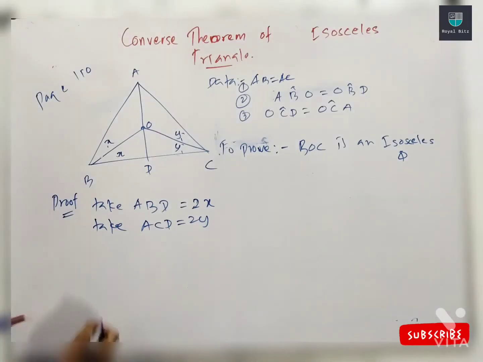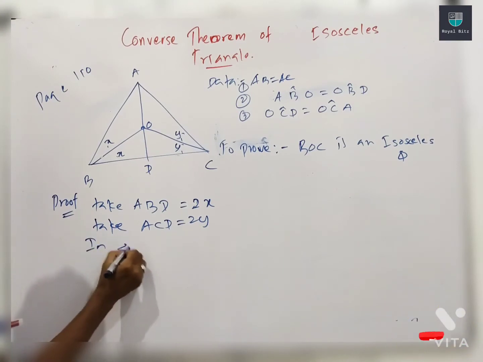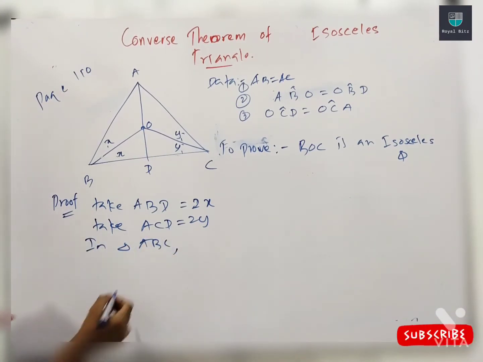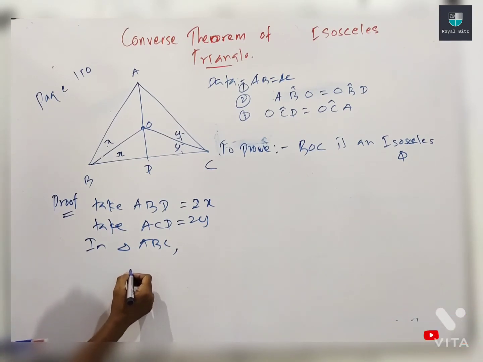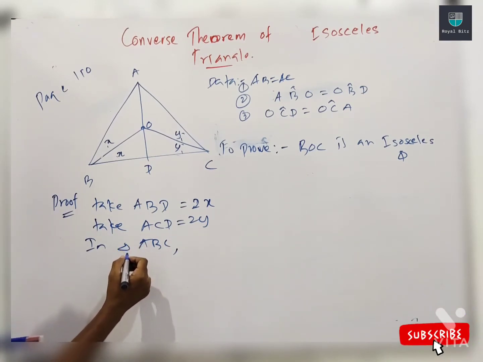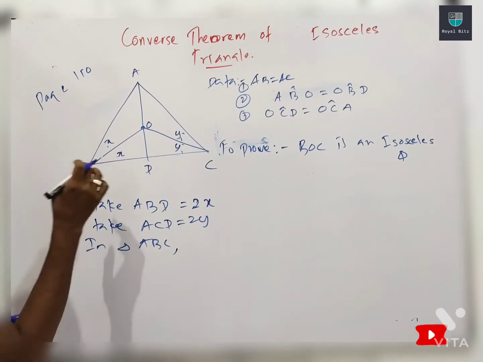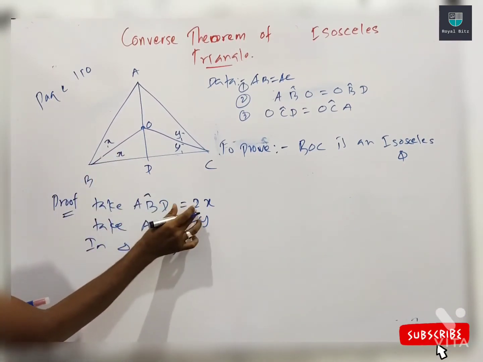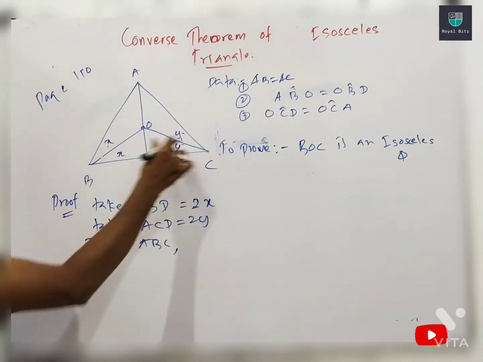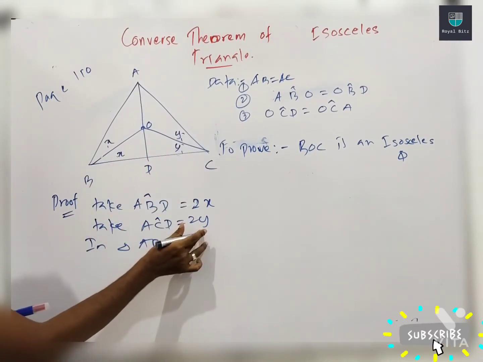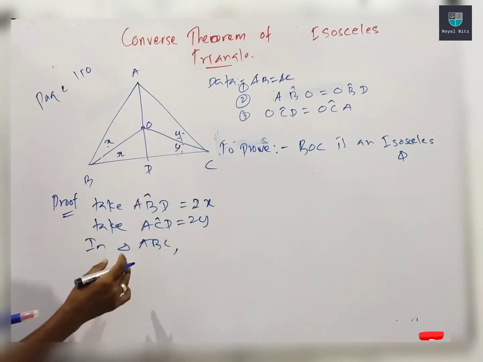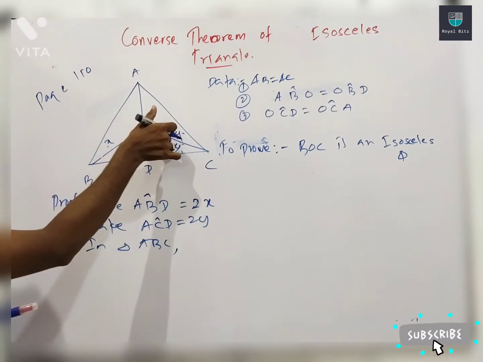Okay, so now in triangle ABC, now ABD is equal to 2x. Again ACD, that's also 2y. So now in this triangle, I want to say 2x is equal to 2y. Why? Because these two sides are equal.